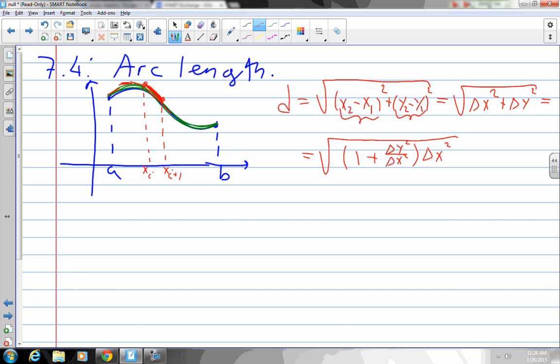And now it's a multiple of delta x squared, so I can take the square root of the square. I'll end up with the square root of 1 plus delta y over delta x, quantity squared, with a delta x outside the radical. This is my algebraic way of putting the delta x on the outside.